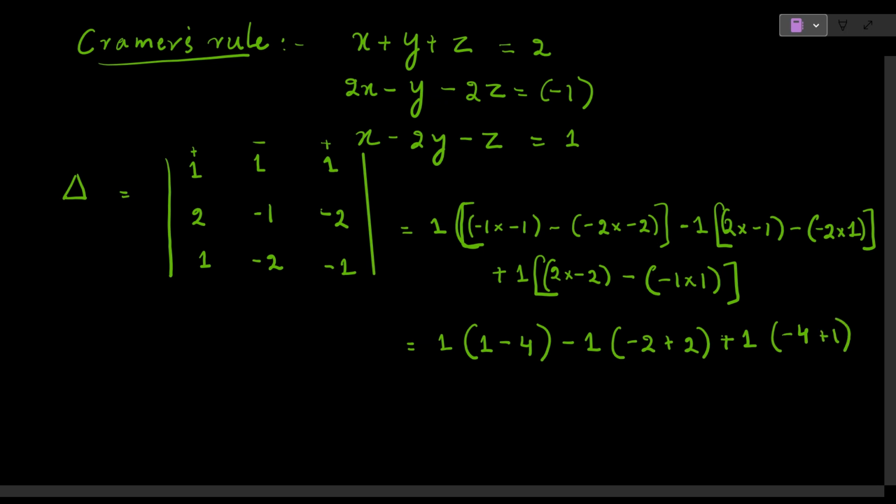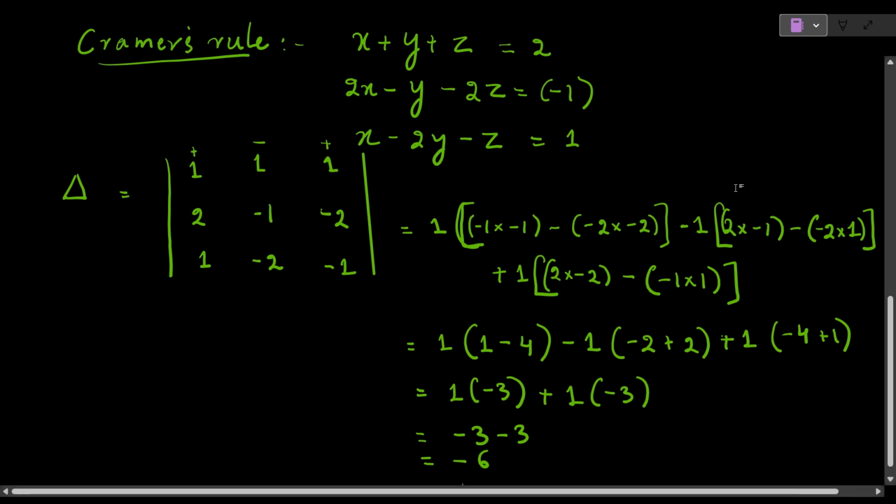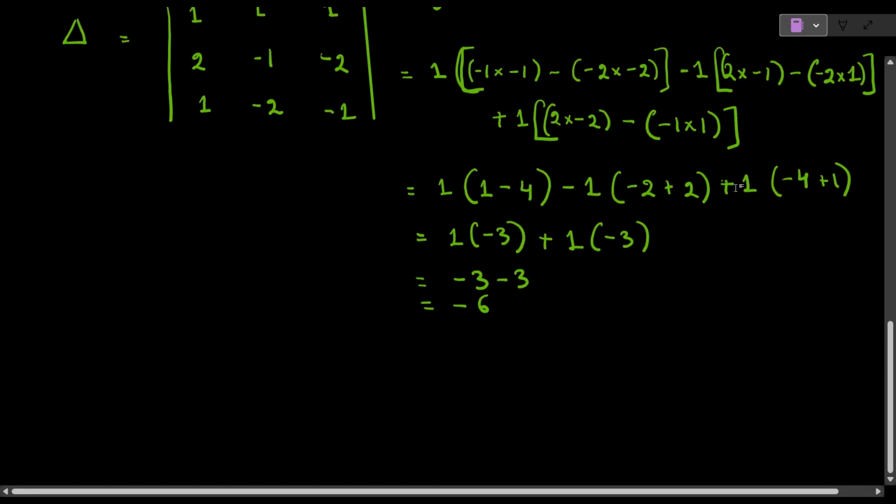So let us do this value. 1 into minus 3 plus 2 into minus 2 becomes 0 plus 1 into minus 3. So the value of the determinant is minus 3 minus 3, that is equal to minus 6. And now this value is not equal to 0, so we can continue our next step.